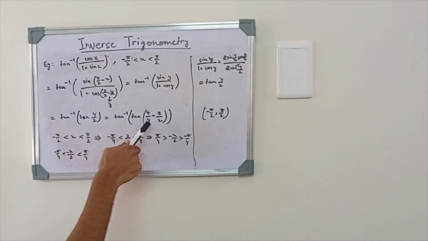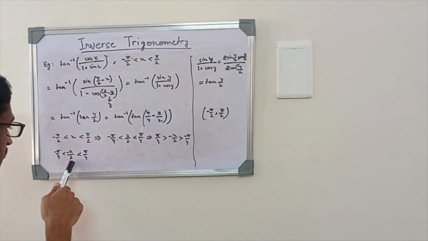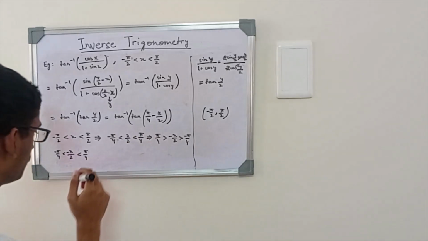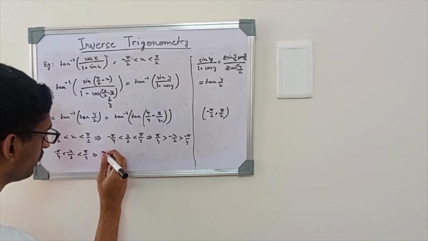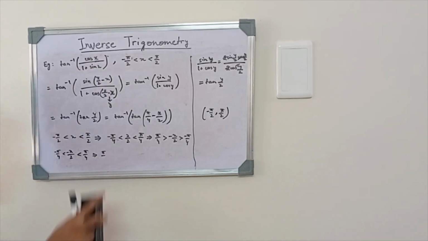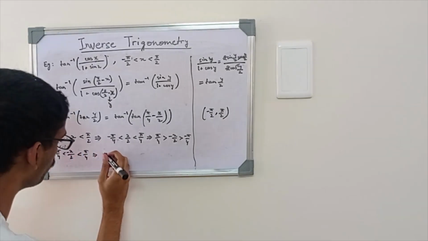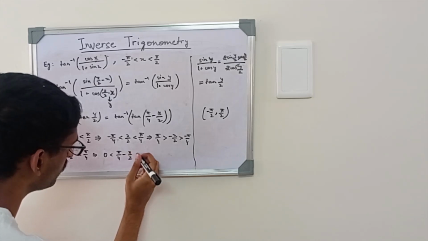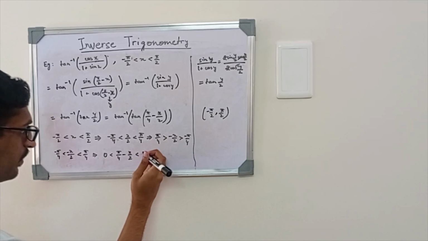And now the last thing is just to add pi by 4, and then whatever will be here in the center will be this angle. So if we add pi by 4 everywhere, this one will become 0 less than pi by 4 minus x by 2 less than pi by 4 plus pi by 4, which is 2 pi by 4, which is pi by 2.